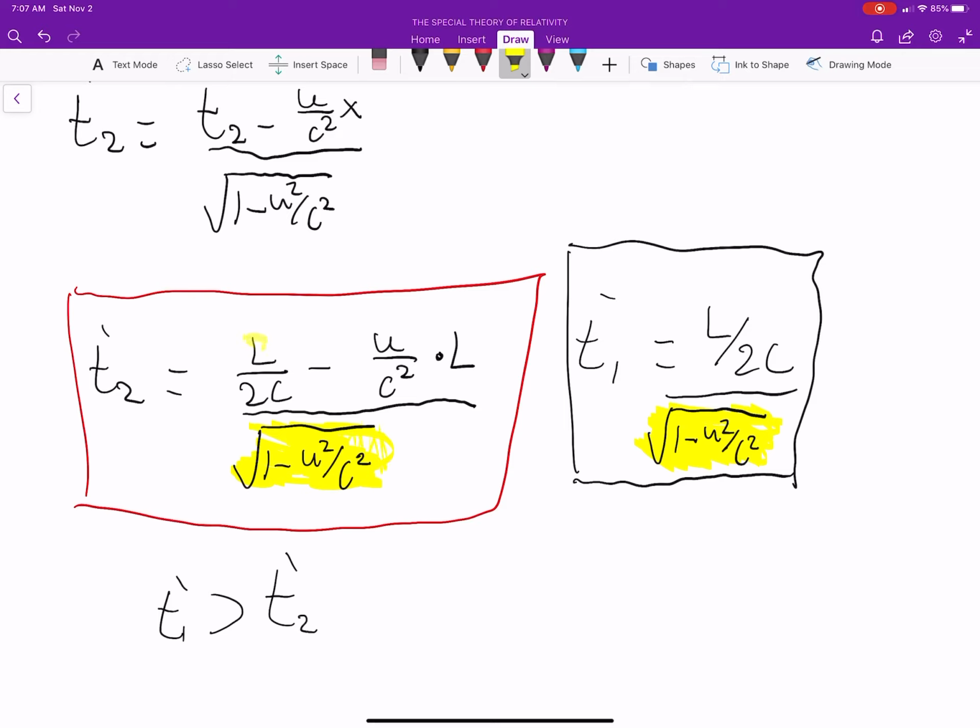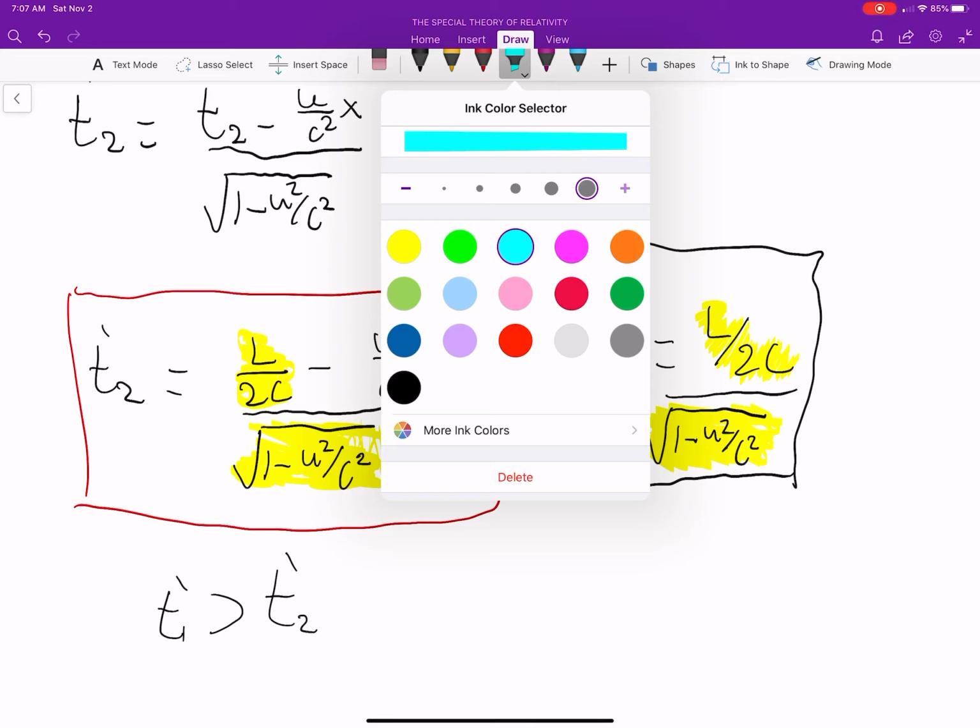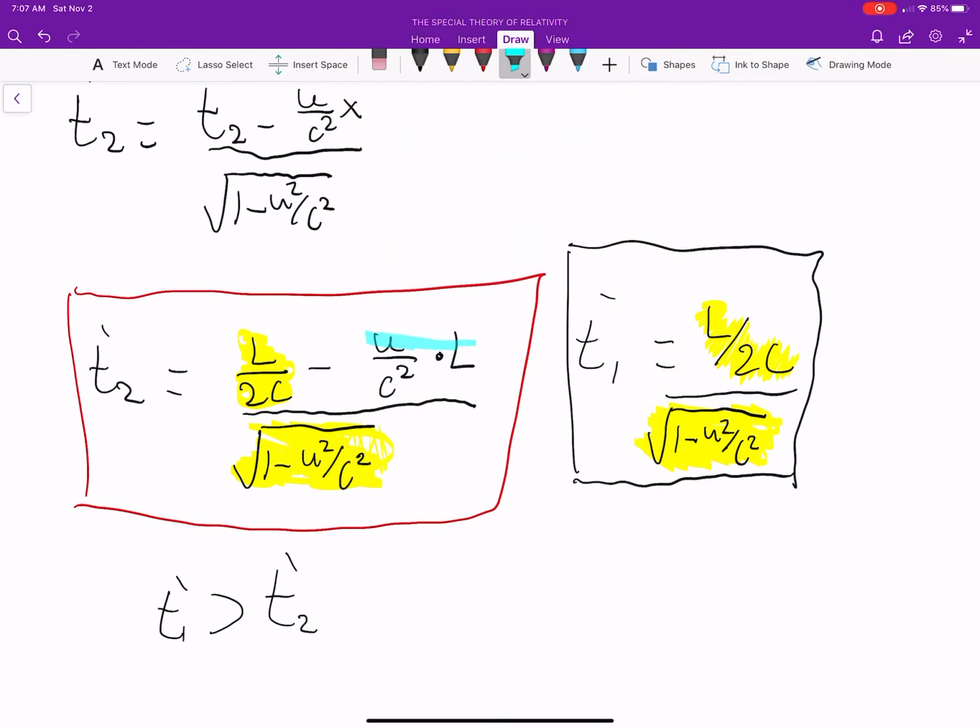They also both have an L over 2c, and that's because event 1 and event 2, they both reached at the same time from the perspective of someone not moving. The difference is here. In this one, you're taking u times L over c squared away from our numerator, and you don't do that for t1. So t1 is going to have a bigger numerator, and because of that, it's going to be a bigger overall number because everything else is the same.